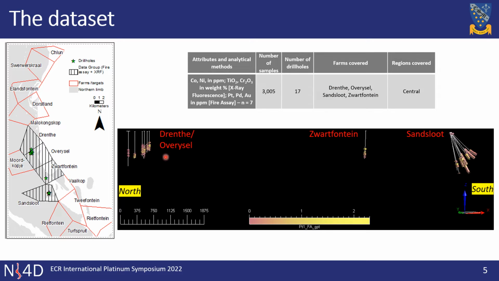And as you can see here on this simplified screenshot, they distribute mostly from north to south, with main clusters on the Sandsloot farm and along the boundary from the Drenth to Overijssel farms.